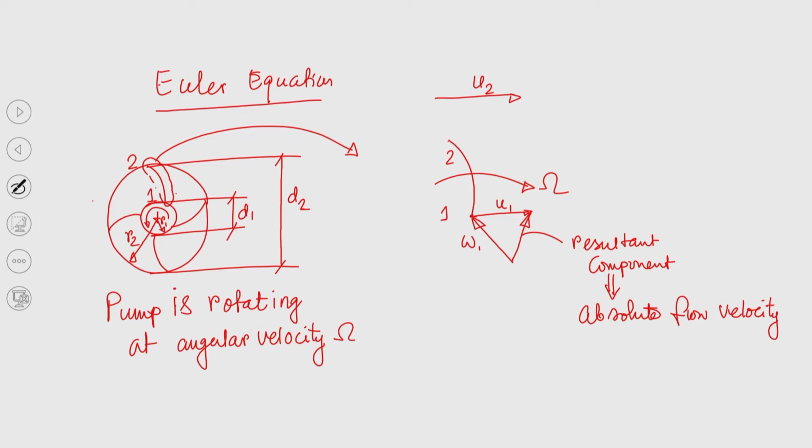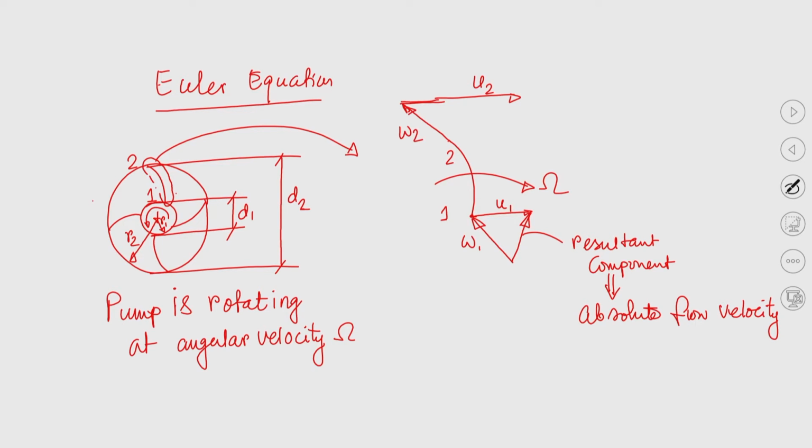We will discuss the different angles slowly now, and similarly we will have the relative velocity at the outlet. So, the velocity of the fluid leaving the blade at point 2, relative to the blade velocity, is W2.